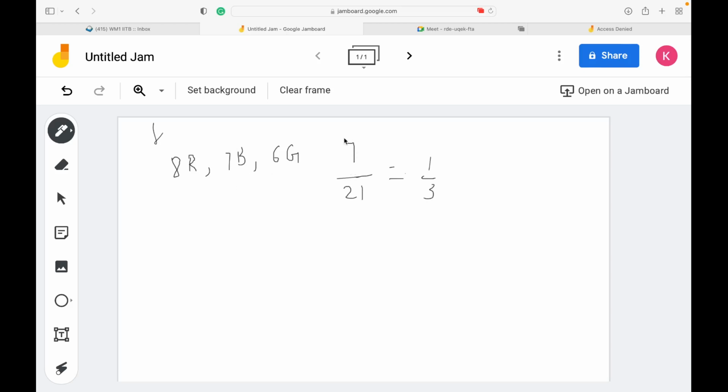So the total number of outcomes in favor of drawing a blue ball is 7 and the total number of outcomes of drawing a ball of any color is 21. So that's why the probability is 7 by 21, which is 1 by 3.